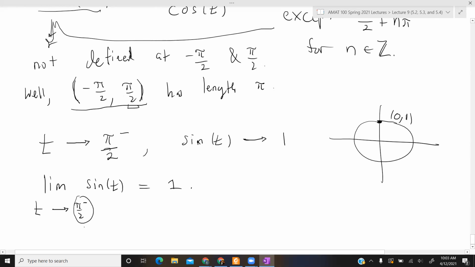So when you think about values getting really close to it, it's numbers that are very small. So when you look at cosine of t, where t is a small distance just left of pi over 2, cosine of t is going to be very small. It's going to be close to 0. And in fact, it's going to equal 0 when t is equal to pi over 2. So maybe I'll just write that in words.